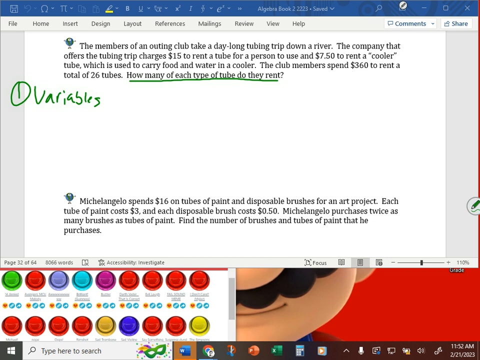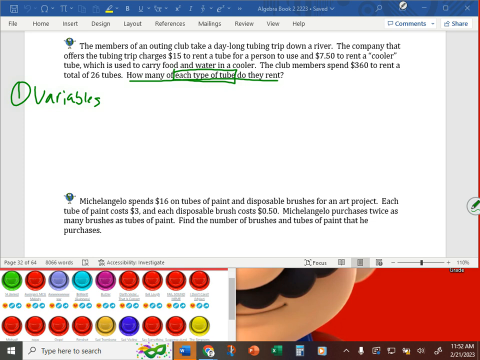Who's confident that they have an idea what we're solving for? Jay? For the variables, I did T for how many tubes and C for the cooler. Okay. So how many types of tubes are there here? Two, right? One is a tube for a cooler, the other is a tube for a person.